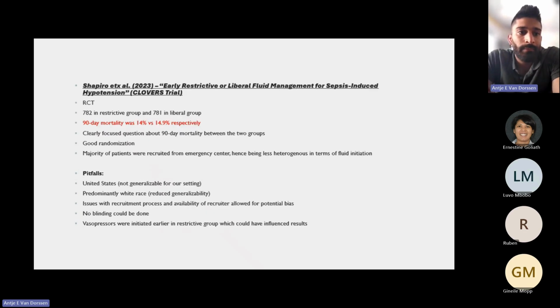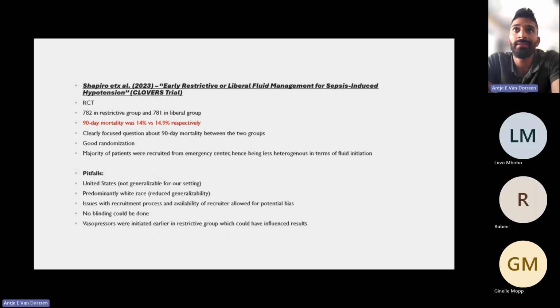So the second randomized controlled trial was actually more recent, in 2023. So a similar amount of patients were included, 782 in the restrictive group and 781 in the liberal group. And again, 90-day mortality was mostly the same.